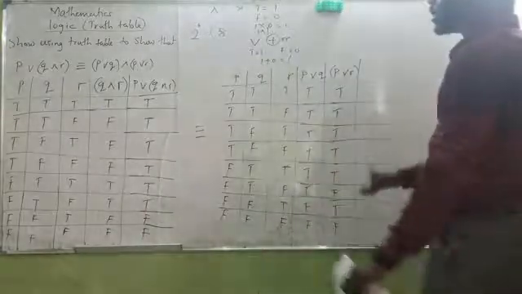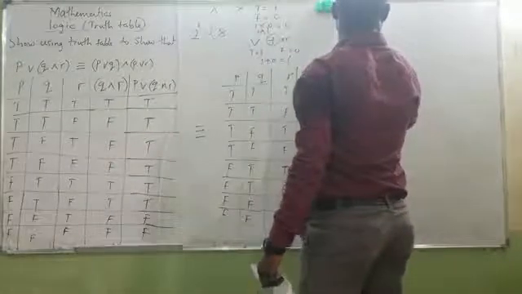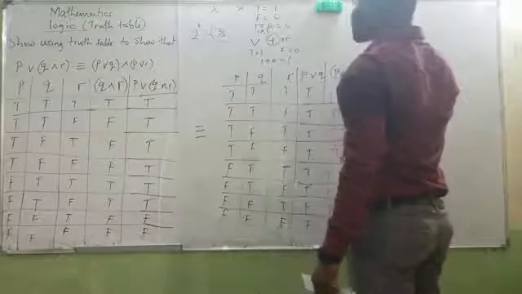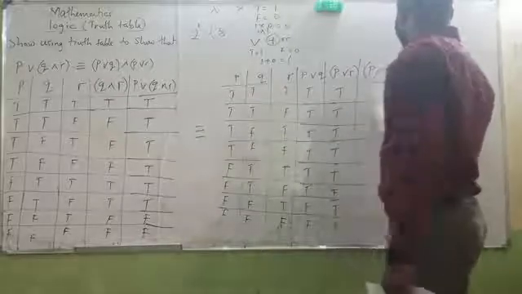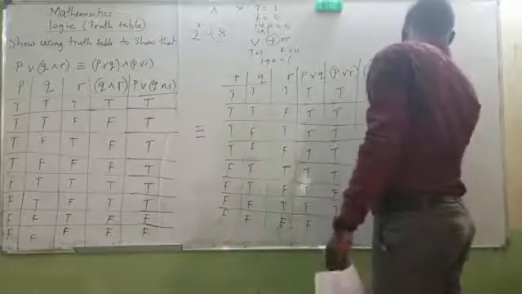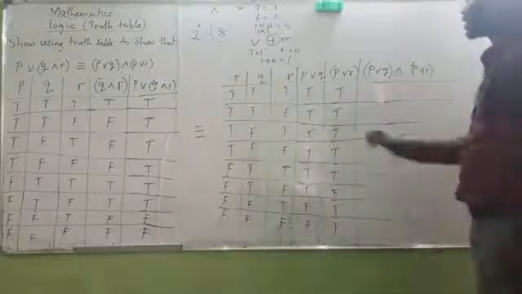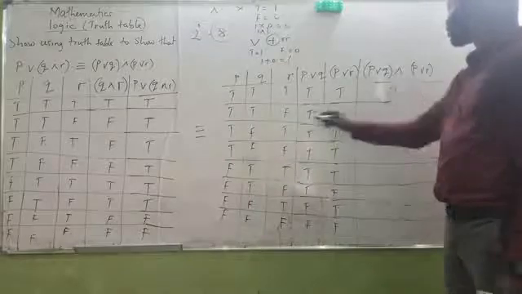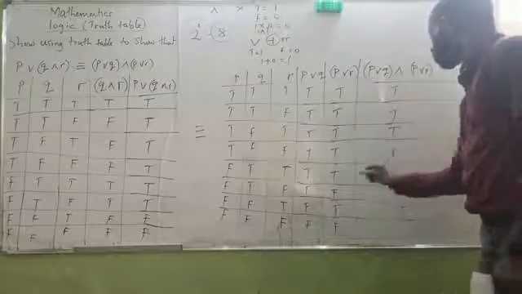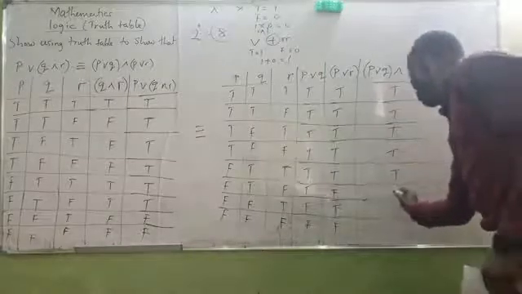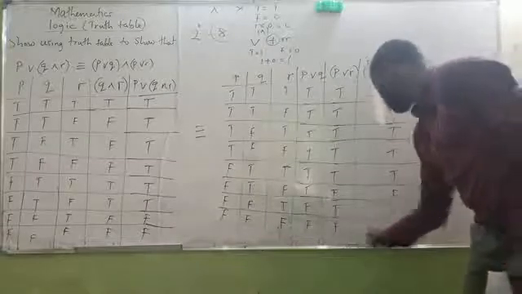Okay, can I continue now? I want to solve this question now. P or Q and P or R. That is the question we are trying to work on. Now, these two: true, true, true, true, false, false, false.